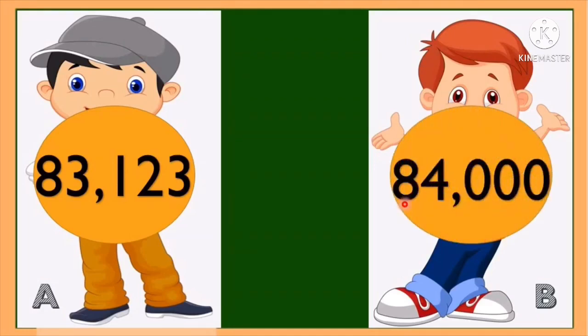For boy B, this is 84,000. Okay, so we have 83,123 for boy A and 84,000 for boy B. Now, which number is greater?